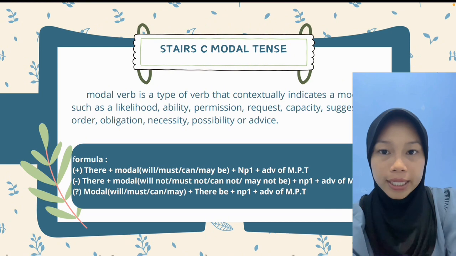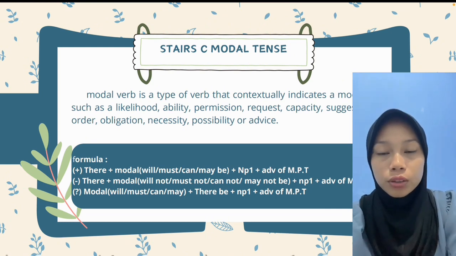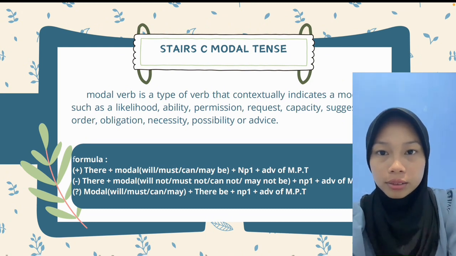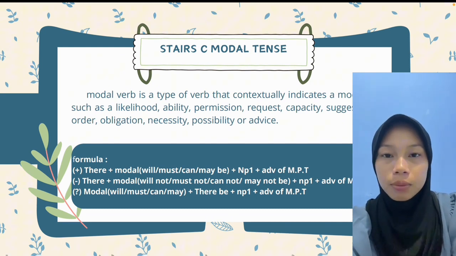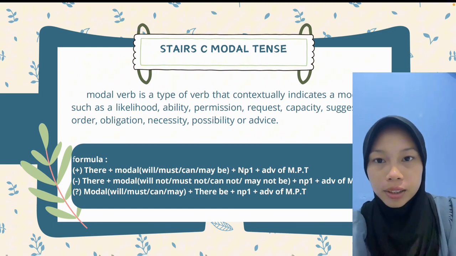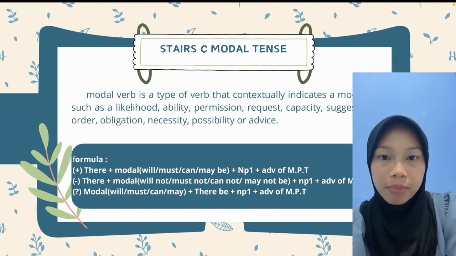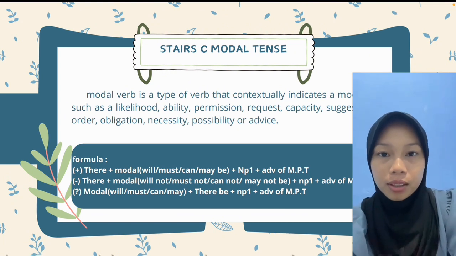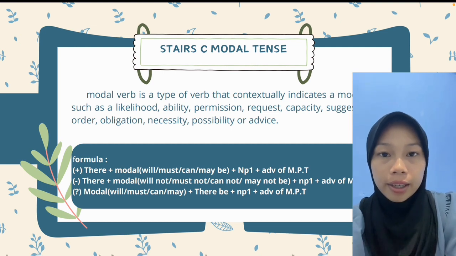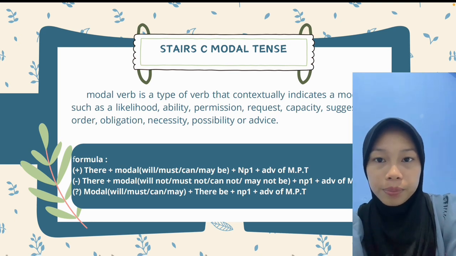The first one is the positive sentence. The first one is there and plus modal. So modal here like will, must, can, maybe. After that is NP1 and then adverb of NPT.